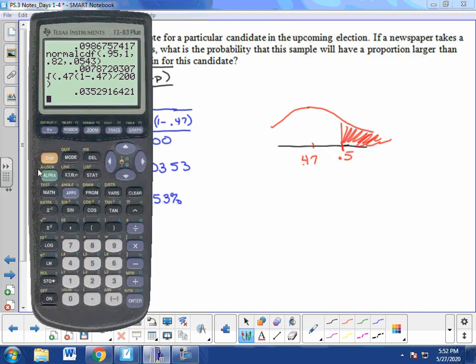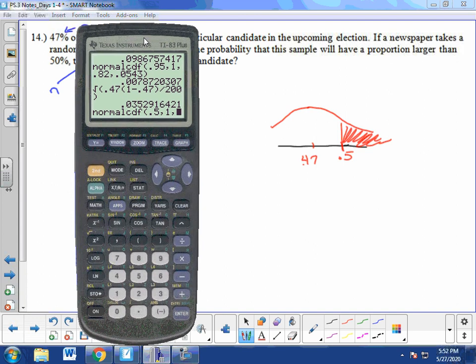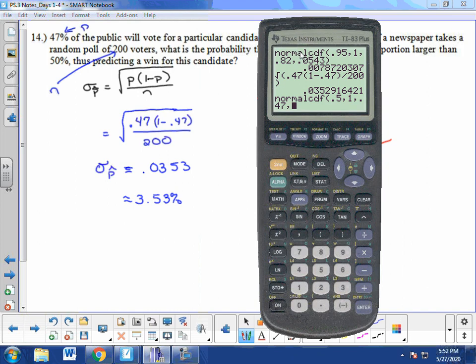So, second, variable statistics, normal CDF. My lower bound is 0.5. My upper bound would be going to the right of 0.5, so on forever to 1. My mean here is 0.47, the population portion for the full population. And then my standard deviation is 0.0353.